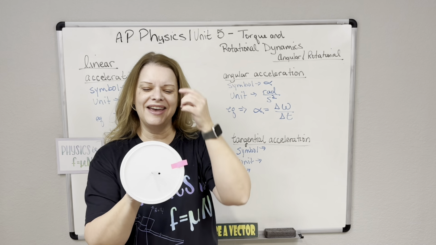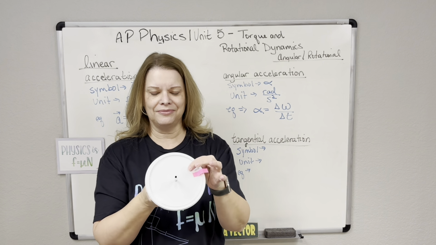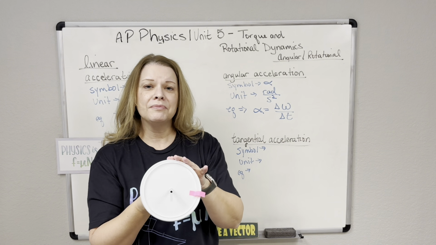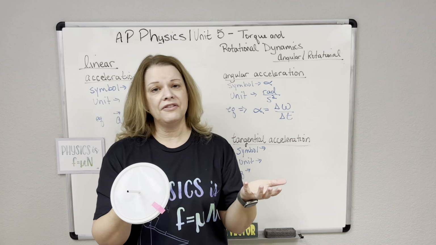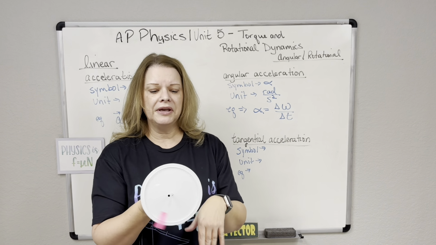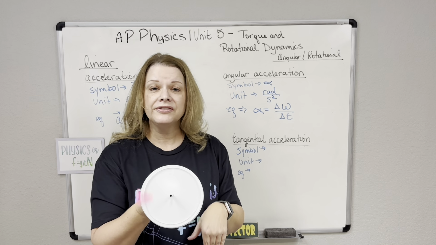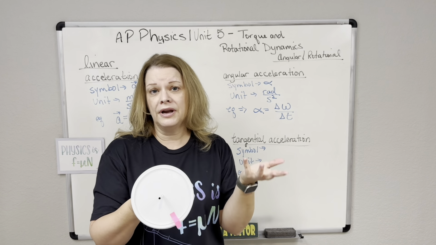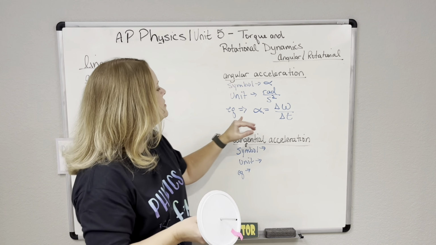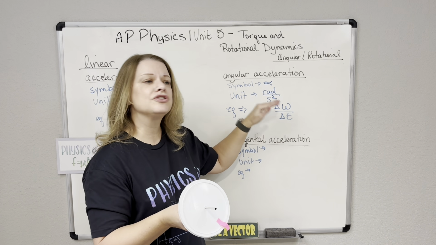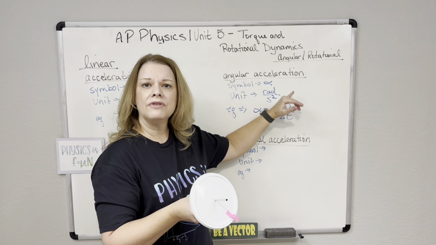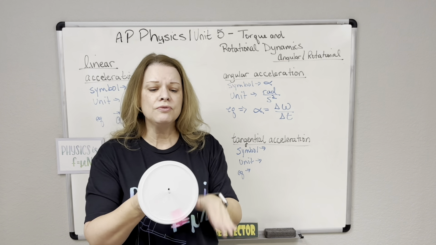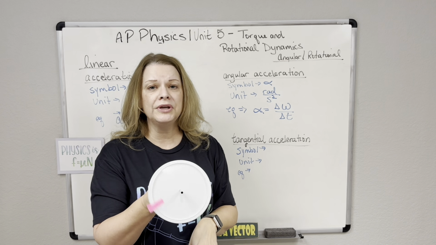All right, I have a little device I've made up here, not my fancy tire in the classroom, but anyway. Remember, angular velocity is just about how fast it spins. So this spins, right? If it's spinning really fast, it has high angular velocity. If it spins slow, it has lower angular velocity. All right, so angular acceleration is just a change in that angular velocity over time. So in other words, I can be going really, really fast and then start slowing down.